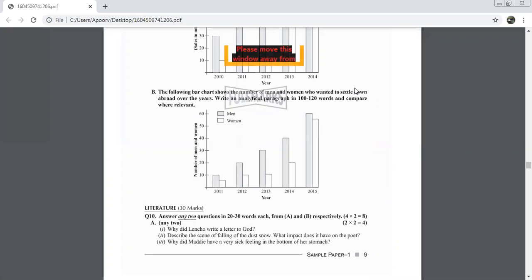Now, next, 2012. Who will describe? Come on, speak better. Uditi, Suryansh, Ritul. Come on, describe 2012. Ma'am, in 2012, about 10 women and 20 men wanted to settle abroad.